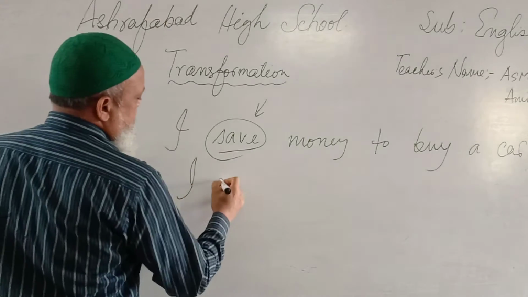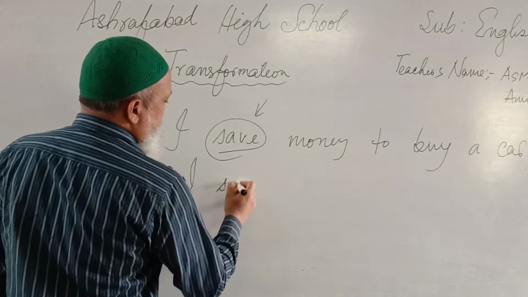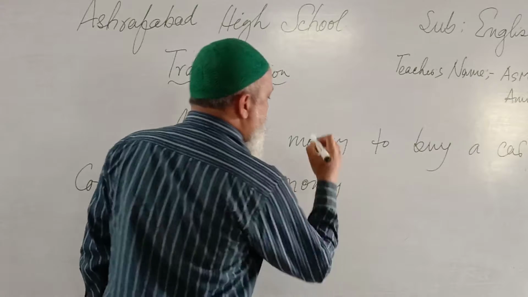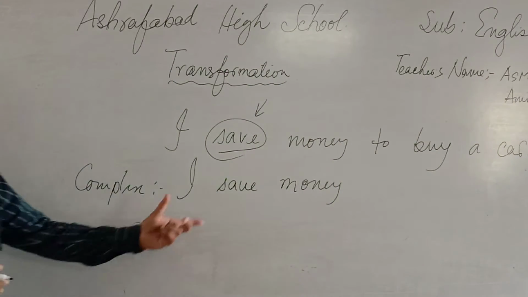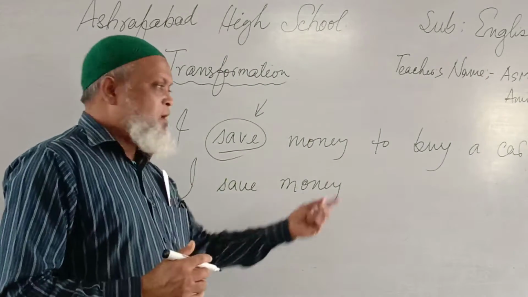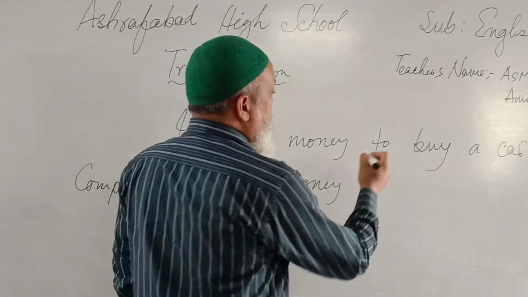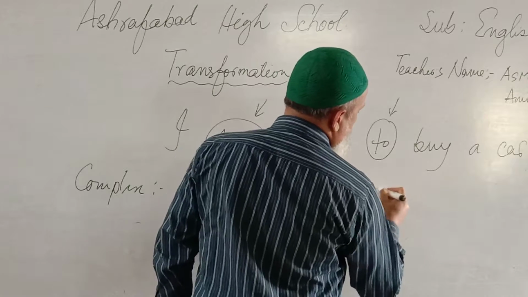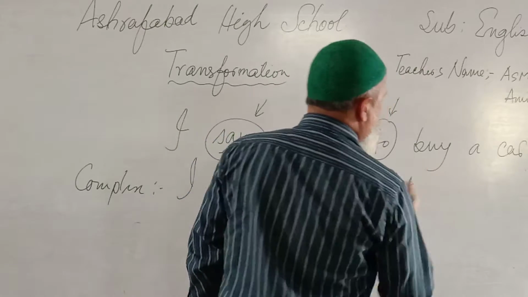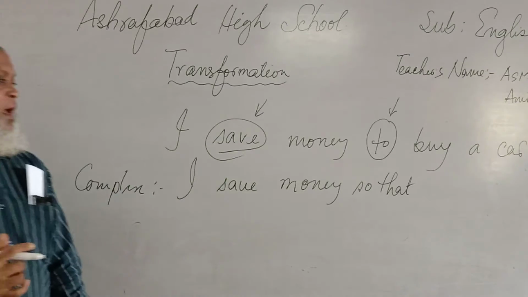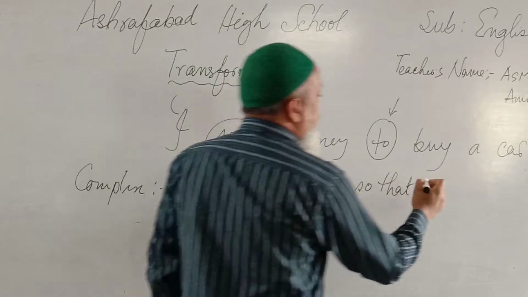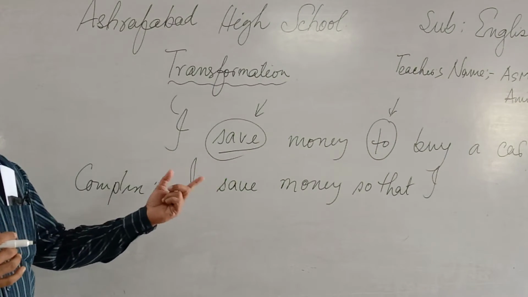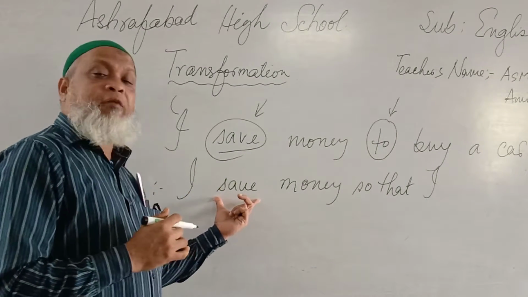I save money. Why? To buy a car. And here in the place of to, we use so that. Here we should write can, because the verb is in present form.